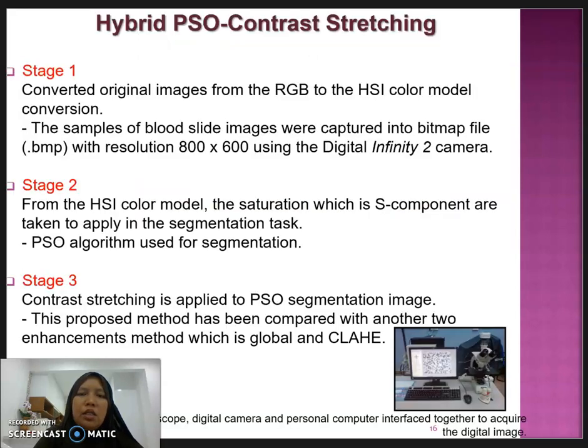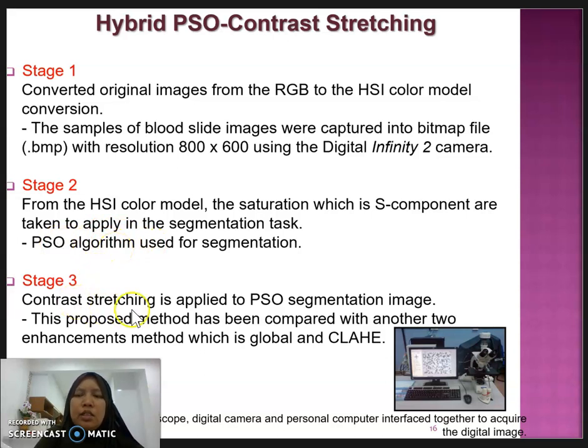So for the methodology, in this study we are proposing three stages. The first stage, the original image from RGB will be converted to the HSI color model. Then in the second stage, from the HSI color model, the saturation, which is the S component, is taken and applied in the segmentation task. In the segmentation task, we use the PSO algorithm.